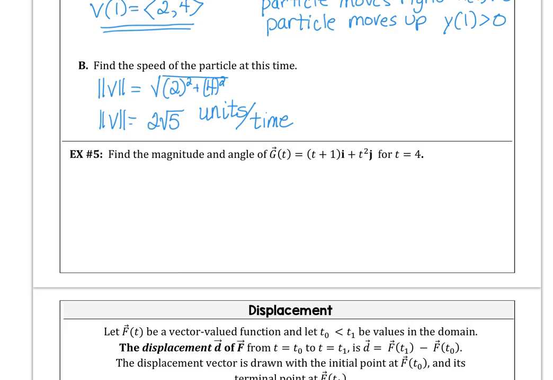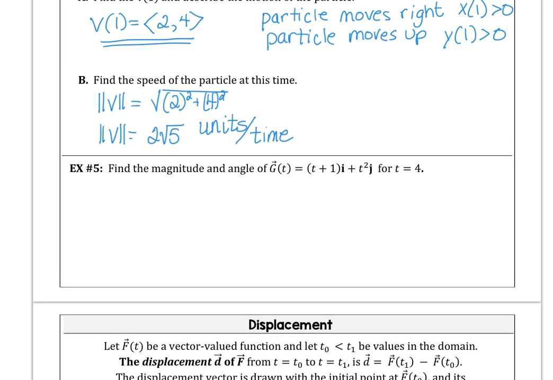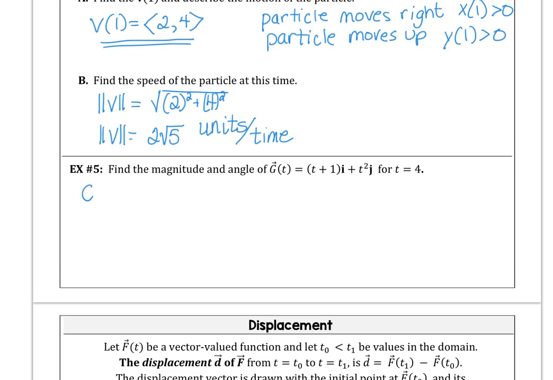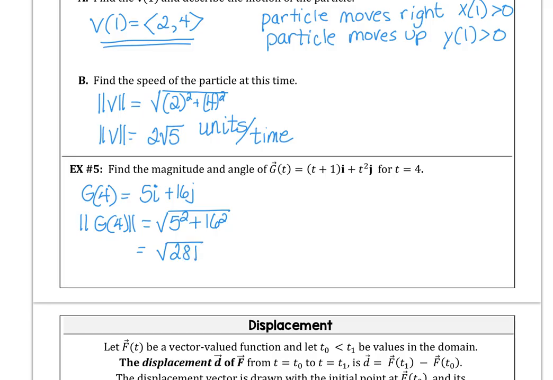Well, first we need the g of 4. The g of 4 is 4 plus 1, that's 5i, and 4 squared, that's 16j. And then we want the magnitude of the g of 4. So that would be the square root of 25 plus 256, that's the square root of 281, I believe.